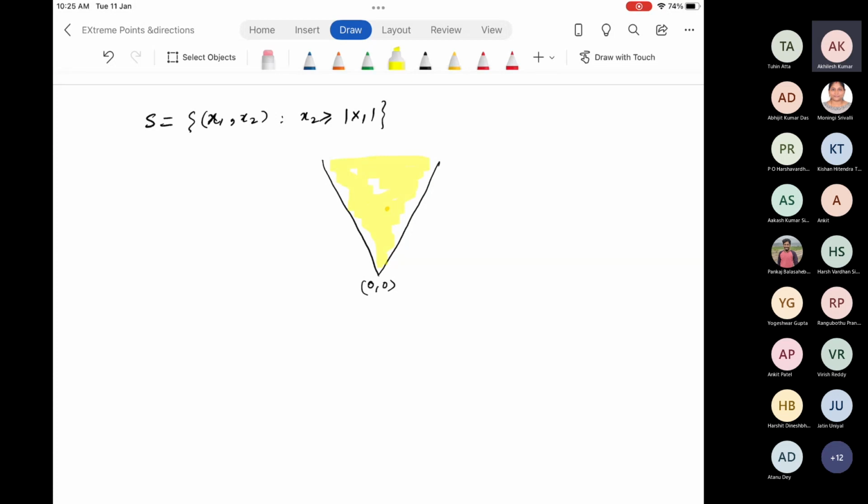If I put a point here and ask you to represent it as a convex combination, not possible, right? Because I just have one extreme point. So what I have discussed earlier is only true for a bounded or closed set.